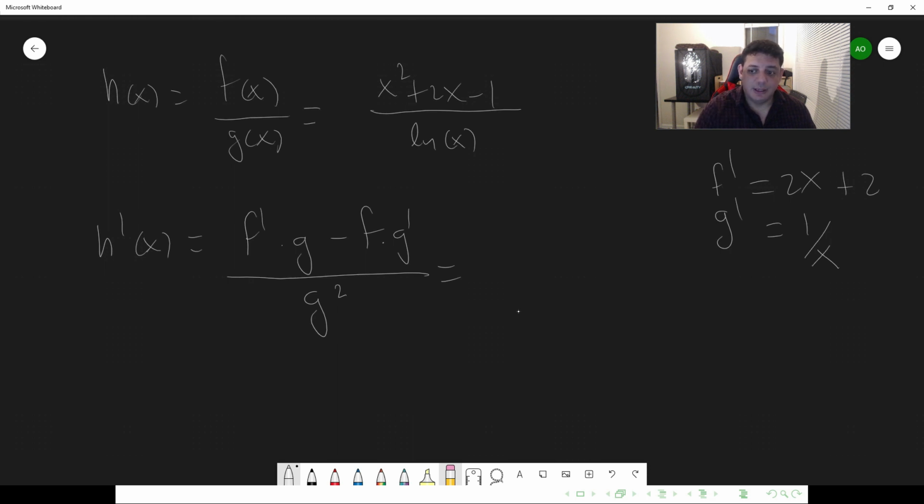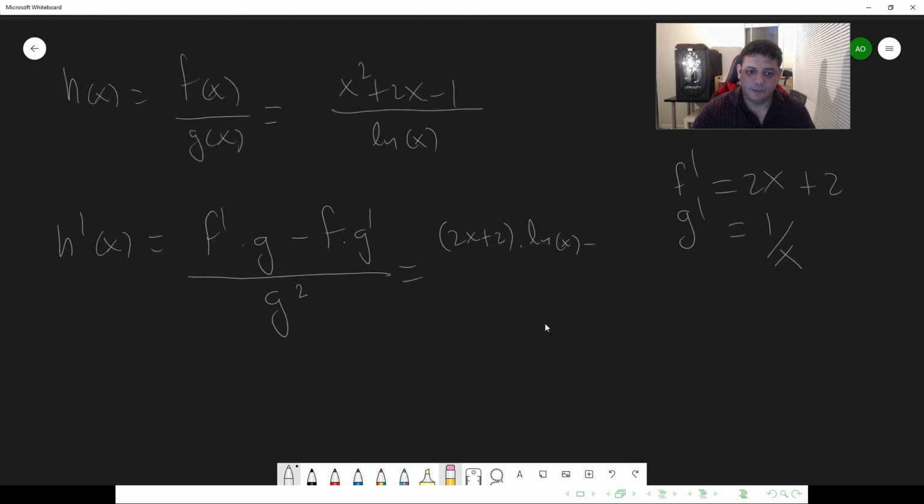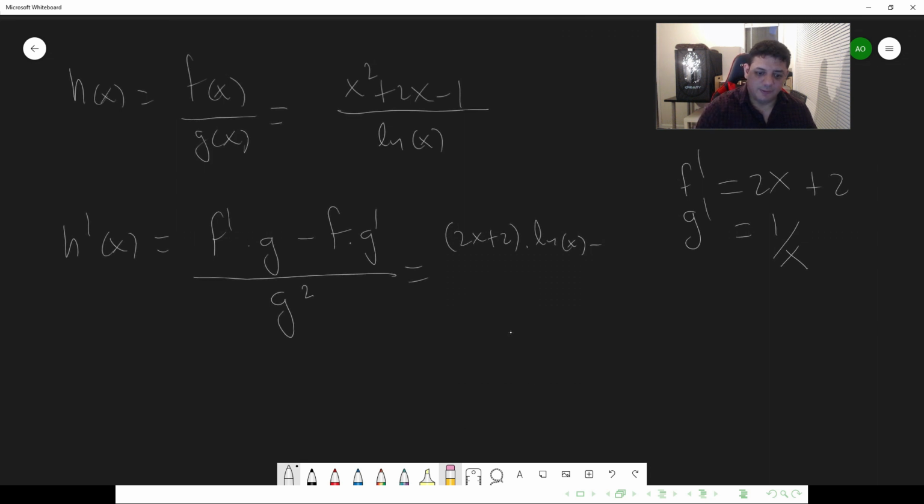Now I'm introducing some derivatives right here, like the derivative of the log. Notice that using that to replace in the formula, we get 2x plus 2 times log of x minus f, which is a polynomial. So I'm going to have to move this below.